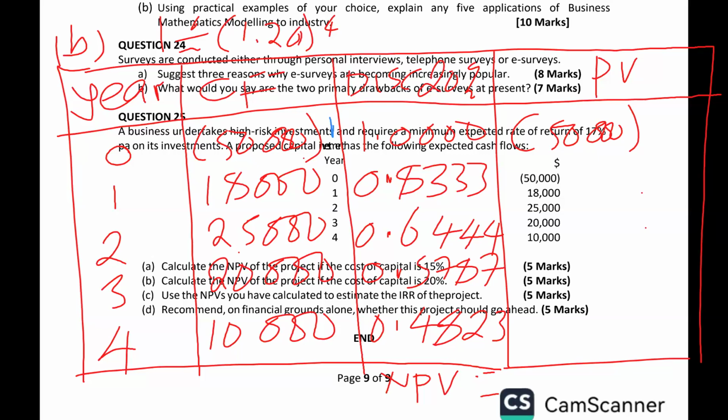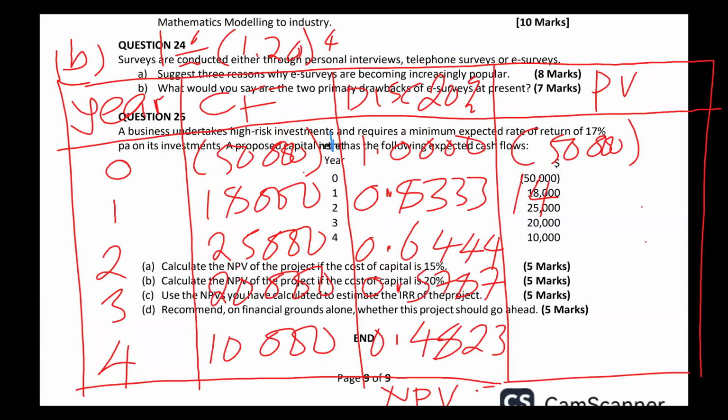What did you find? 14,999.4. 14,999. Okay. Everybody finding the same?